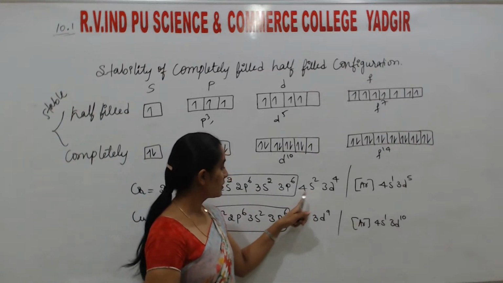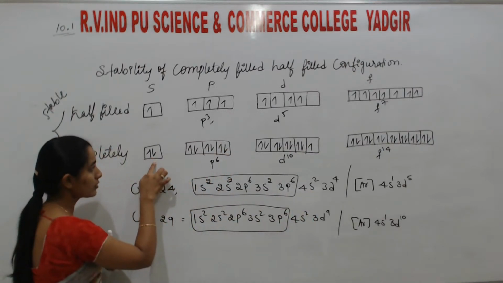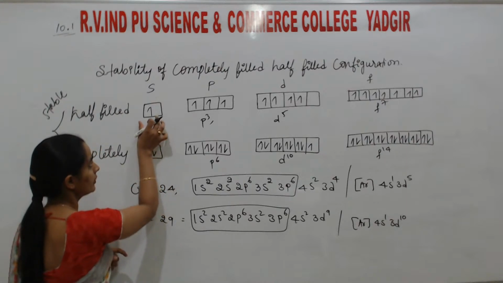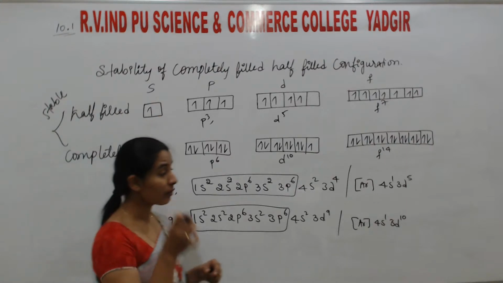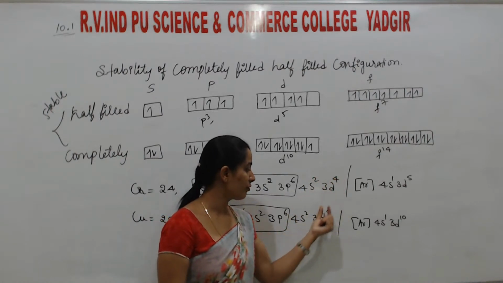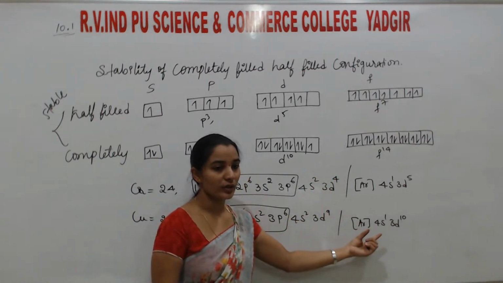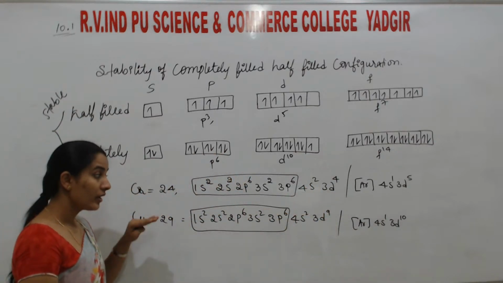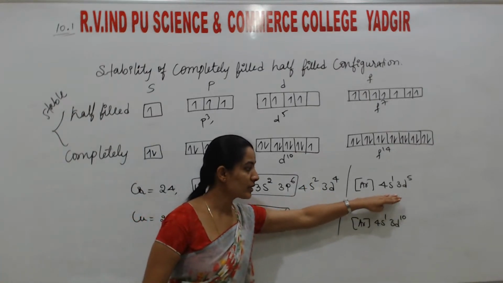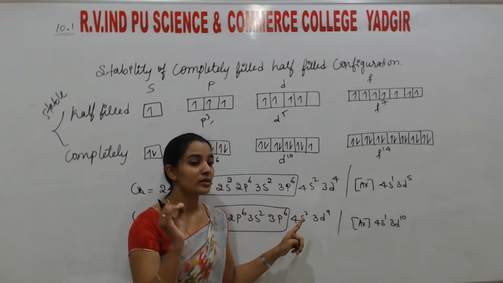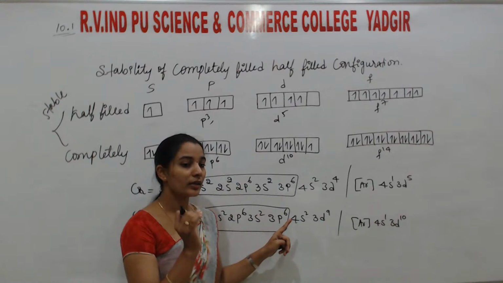Due to the high stability of 4s1 3d5 and 4s1 3d10, the configuration of chromium and copper in the ground state follows this rather than the other, because of the stability of half-filled and completely filled configuration.